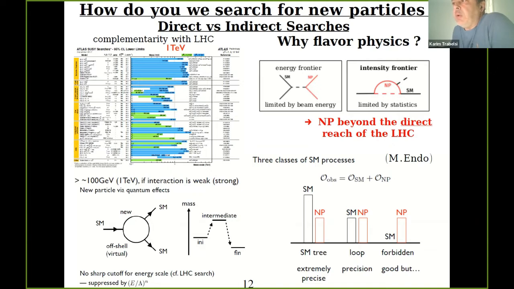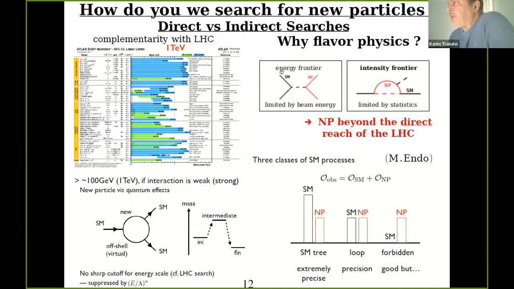And hopefully with higher energy, higher luminosity, something will finally appear. But for now, this search is not successful for new physics. Well, successful because it brings tighter and tighter constraints. However, not yet some observation.